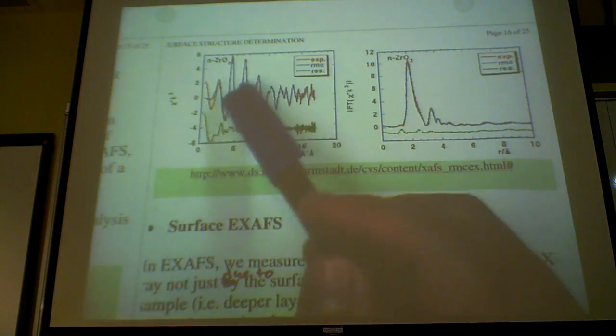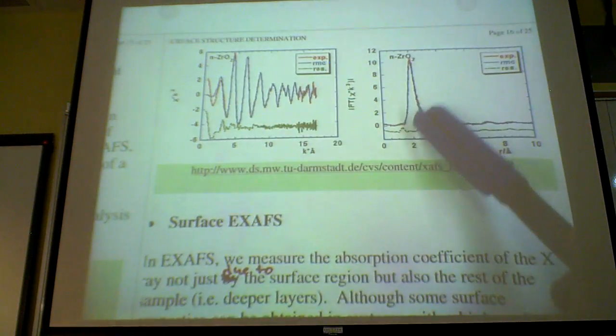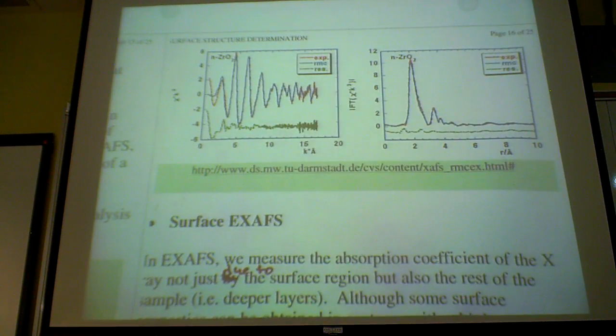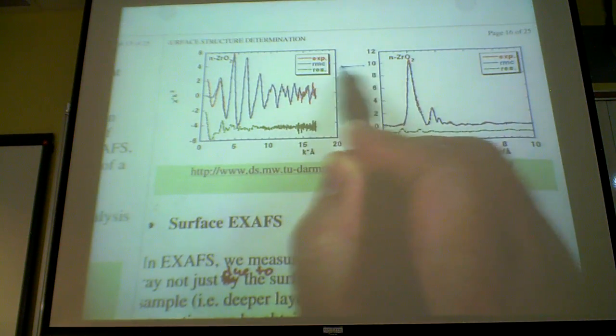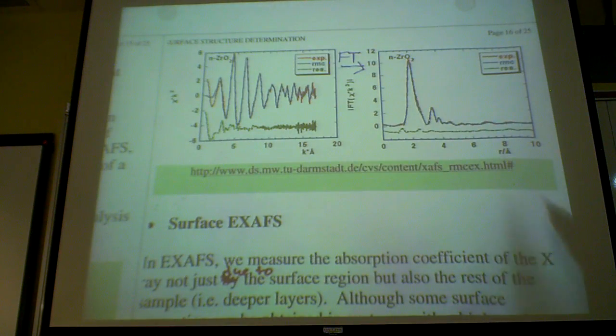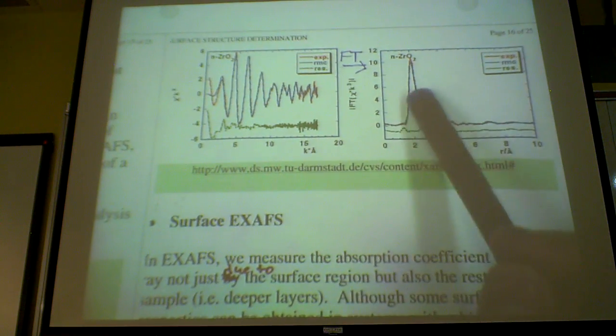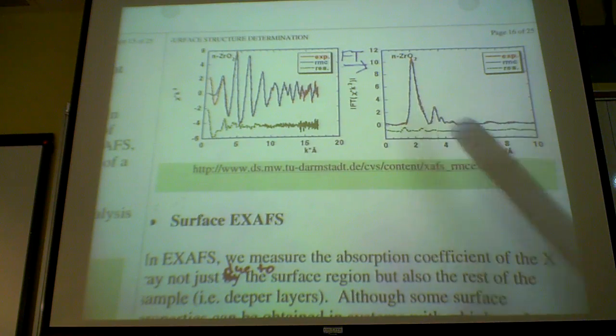Because in order to generate this back curve, you have to start off with a model of your material, and then you apply the theory to generate this chi curve. And ultimately, if you do a Fourier transform, so you get the FT from here, then you got these positions, right? These are nearest neighbor distances in your material. So you usually have the first nearest neighbor, second nearest neighbor, and so forth.